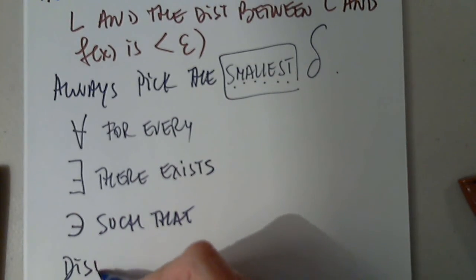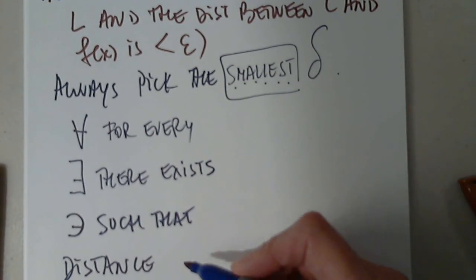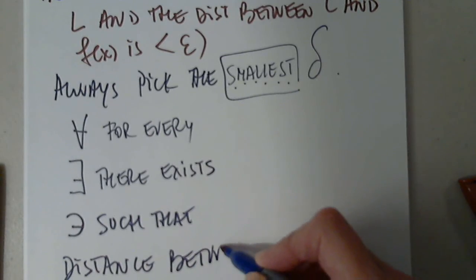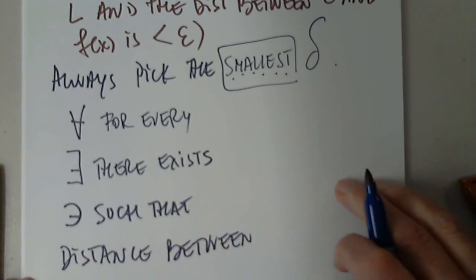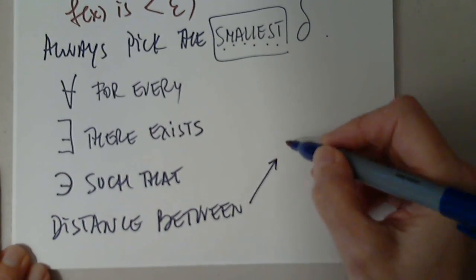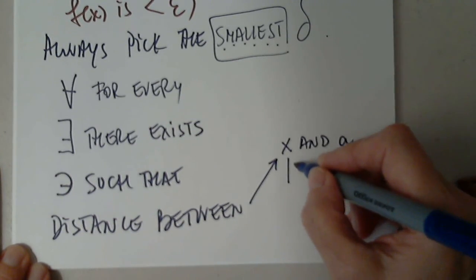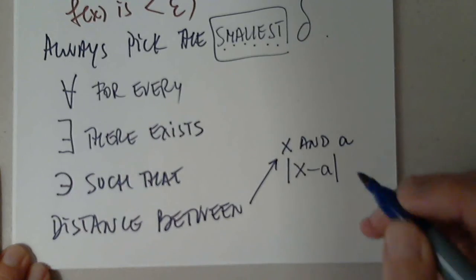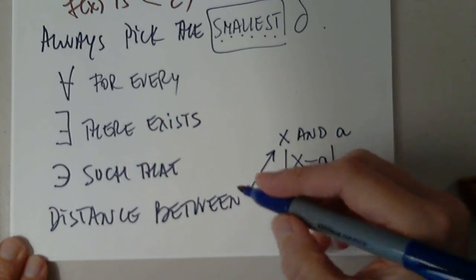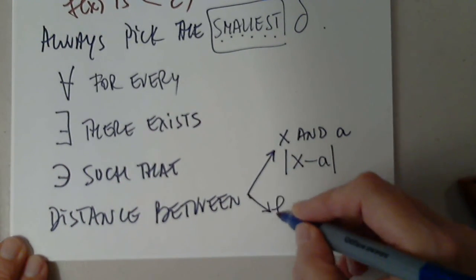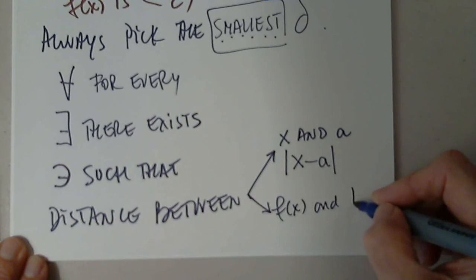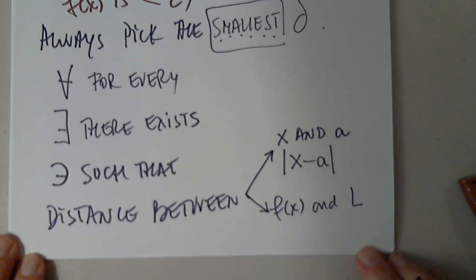Distance between x and a is denoted by the absolute value of x minus a. Distance between f of x and L, can anyone tell us how to write that?